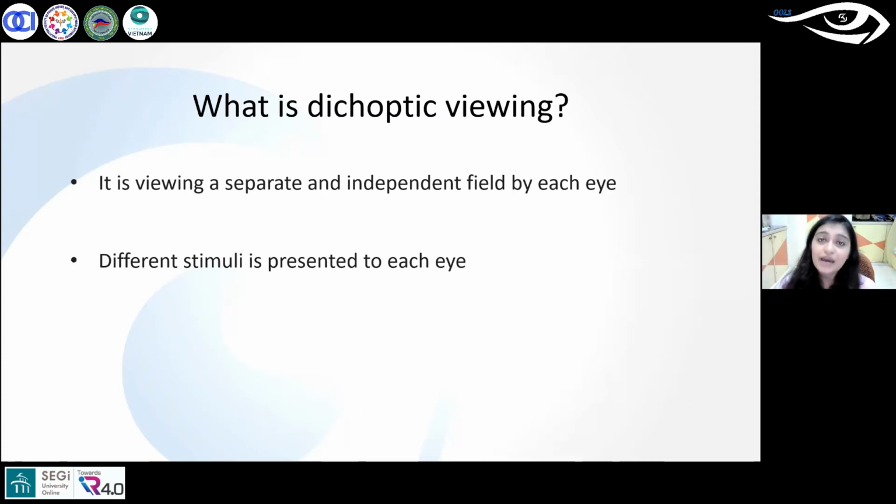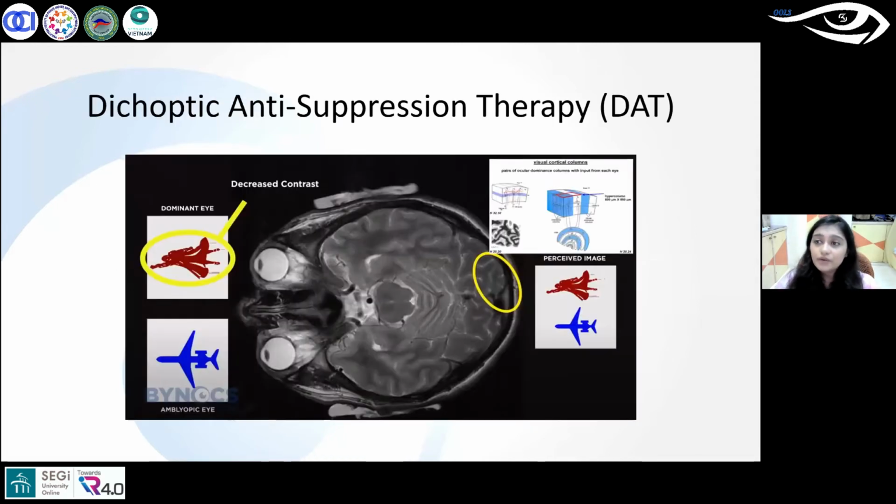Different stimuli are presented to each eye, and the patient will be wearing either anaglyph or stereopsis glasses, and then will be seeing the field of view. All right. Now, what do we do with dichoptic anti-suppression therapy? We provide each eye with different stimuli that are contrast adjusted.